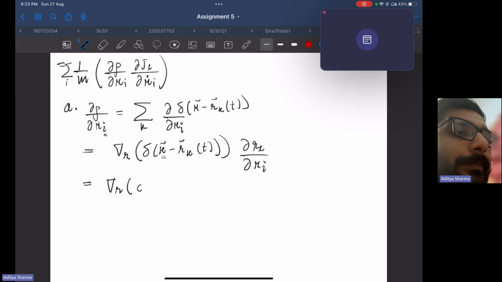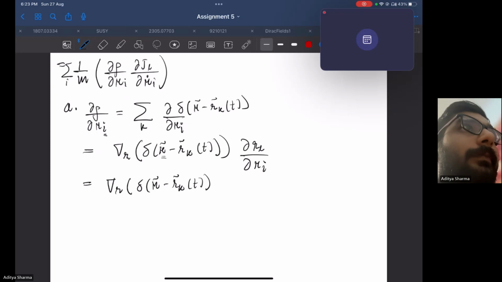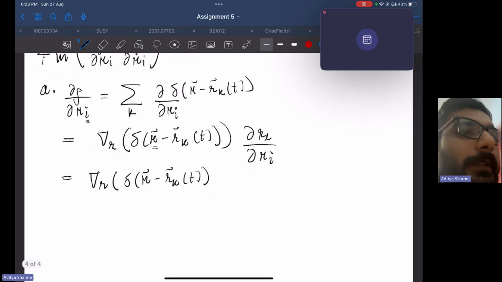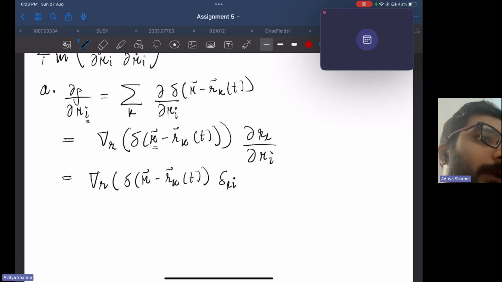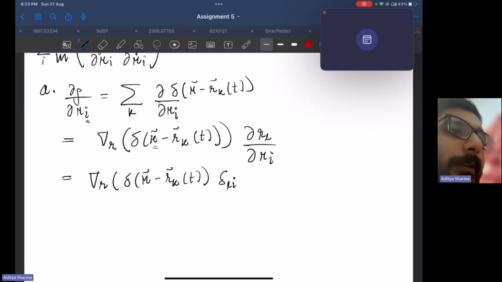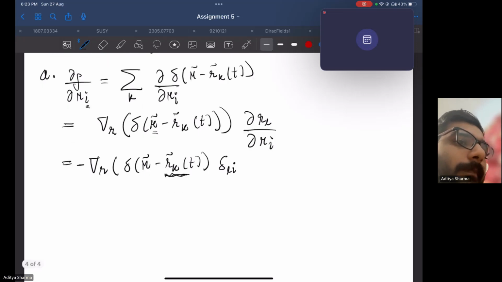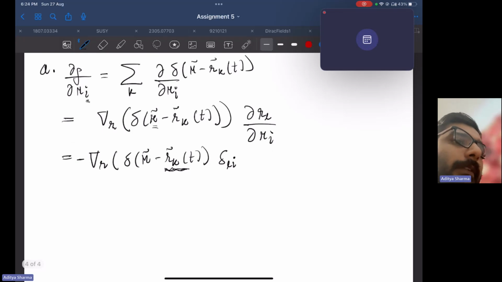should write this to be along with the Kronecker delta of l equal to i, and there will be a minus sign because the derivative is acting on this one, and there is a minus sign in front.